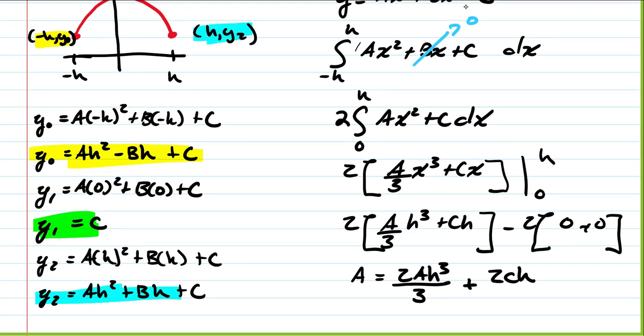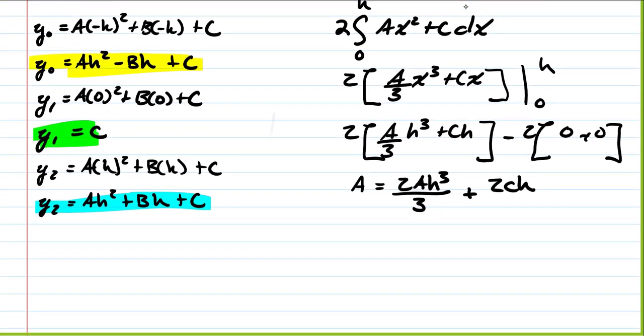So the goal of this is I want to eliminate a and c from what I have over here, right? Because I want to relate it back to the y values, which would be given in a discrete problem. So I have a system of 3 equations in 3 unknowns that I can solve to help me figure this out.